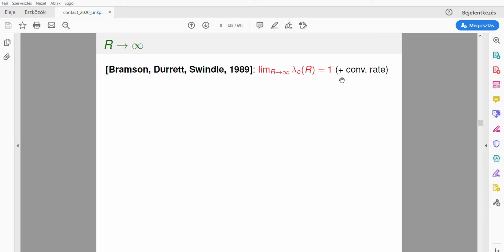Actually their main result is more precise than this, because they even identify the rate of convergence, the speed at which it converges to 1. That convergence rate depends on the dimension, but for this talk, I will only need this result.